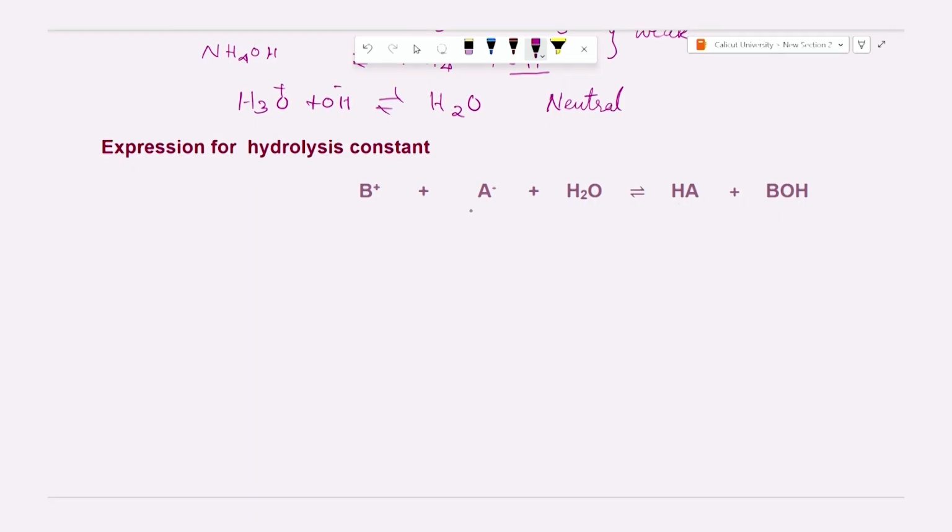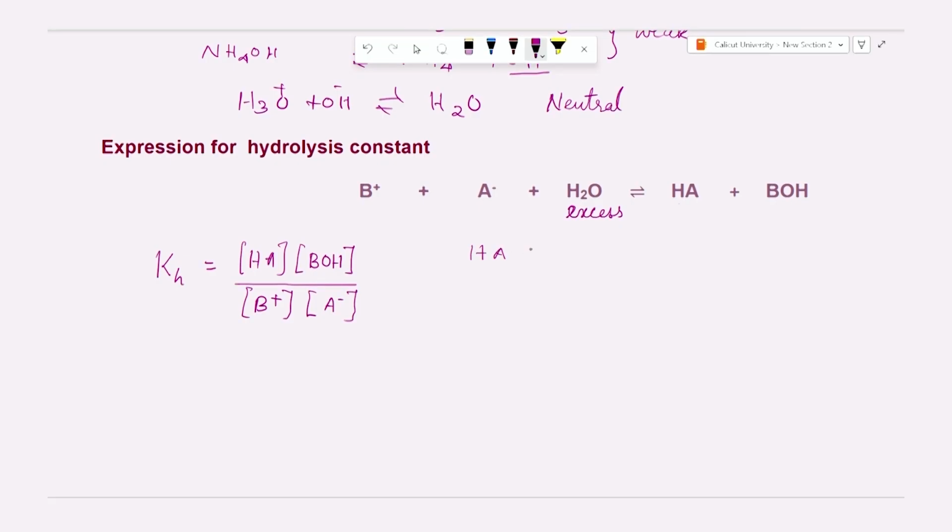So, here this is the case for hydrolysis constant. I am going to consider water to be present in excess, and therefore the expression for hydrolysis constant Kh is equal to concentration of HA into concentration of BOH. They will not be ionized, and you do not have any of the ions getting cancelled over here, because on this side there is no ionization. So, we have both the ions, B plus and A minus, in the denominator.